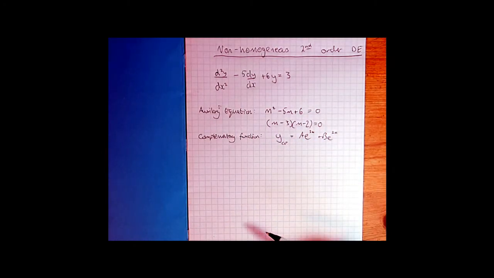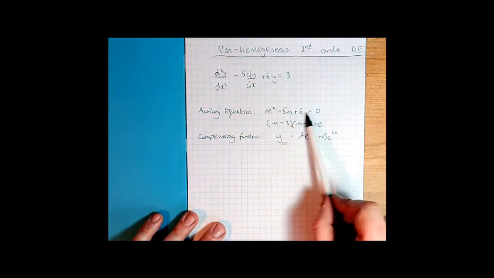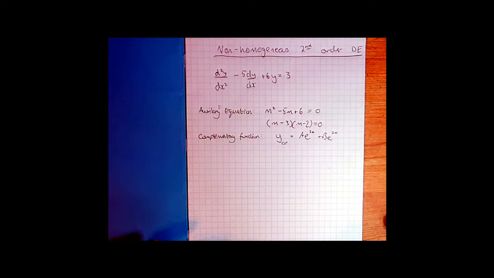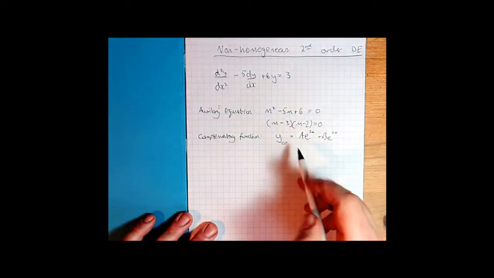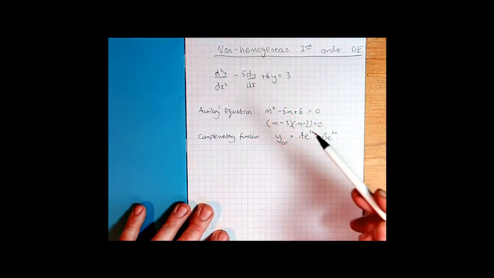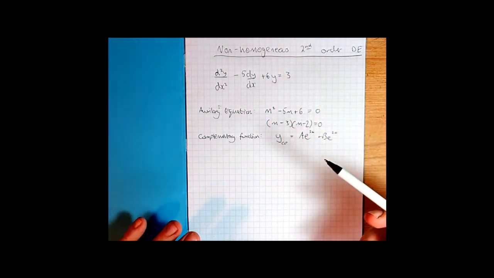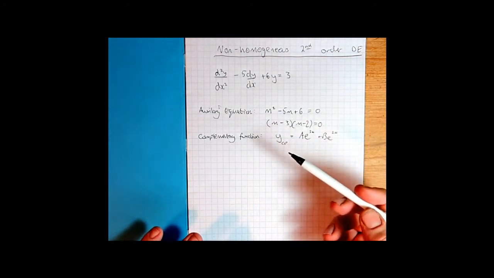So the thing to do is consider the homogeneous equation, set it equal to 0, solve as we did before. Okay, so I've got a function in y that will get my right hand side to 0, but I need to add on something else to get it to 3. Now, in this case, it's fairly obvious what we add on.